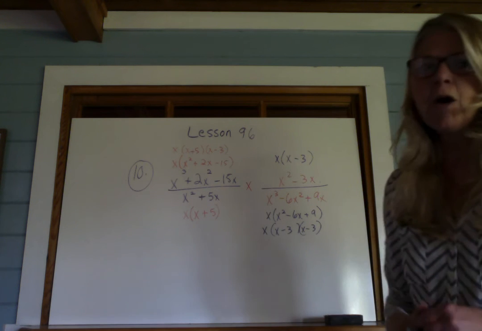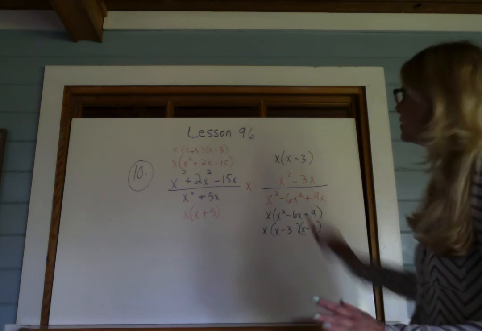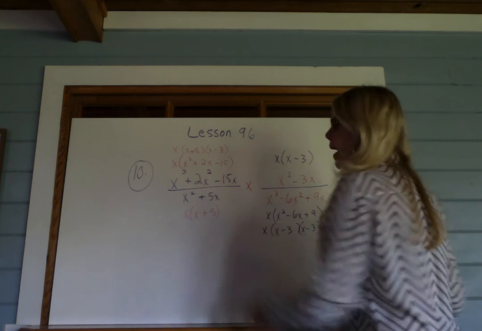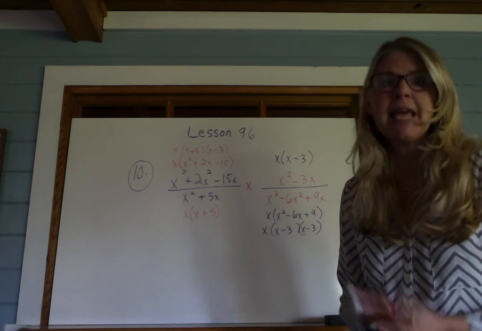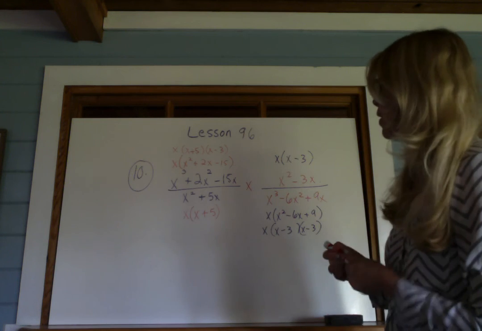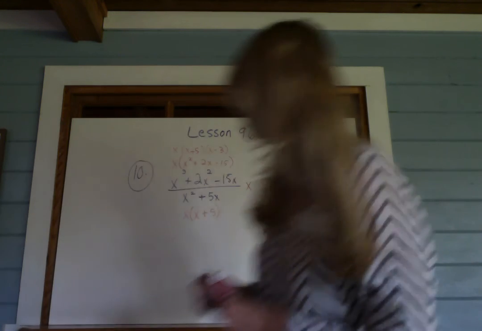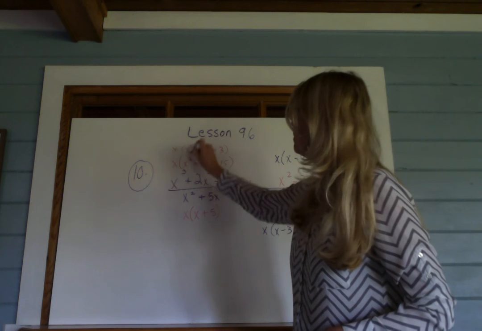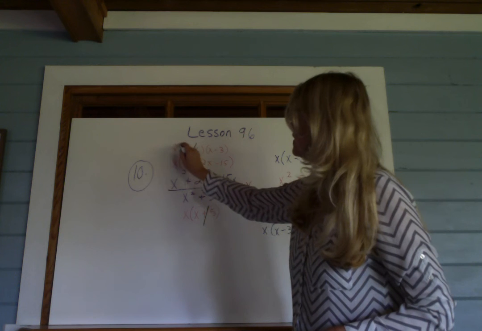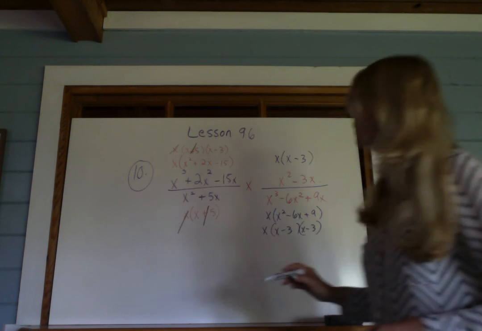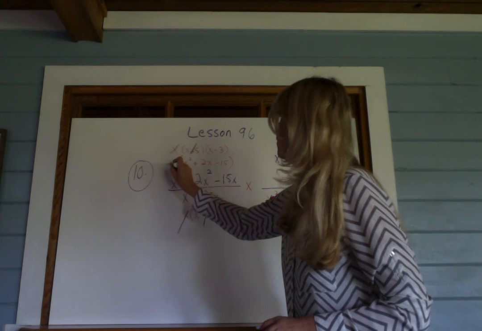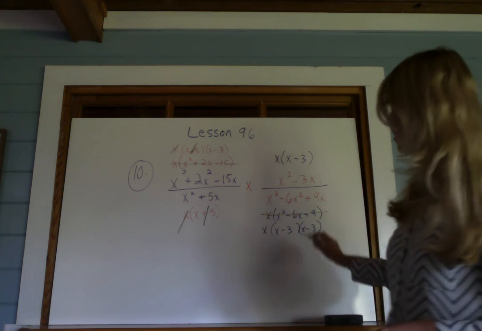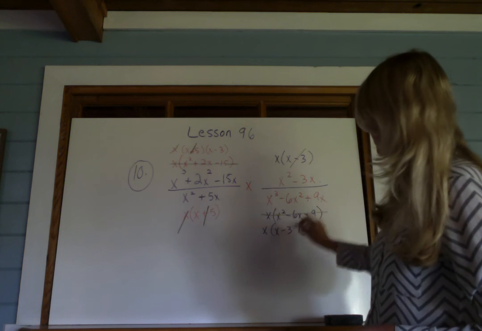Okay, so now, because they're fractions in multiplication, we can cancel diagonally, top to bottom, but they have to be exactly the same. The signs have to be exactly the same. So let's get another color. I'll grab my brown here. So I do see an x plus 5. He'll cancel. I see the x. I can cancel an x there. Okay, remember this, he's kind of gone away because I changed him up to that. All right, so let's go ahead and cross him out too. I see an x minus 3 here, x minus 3 here, I can cancel.